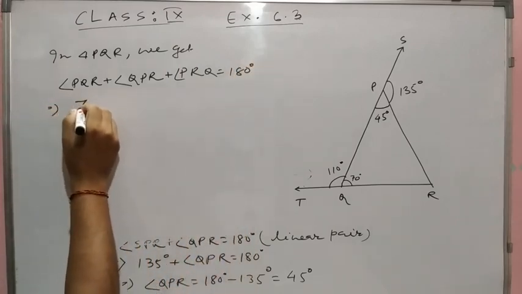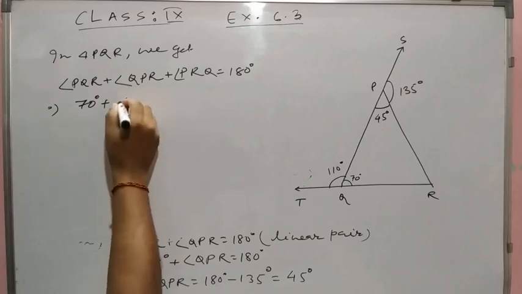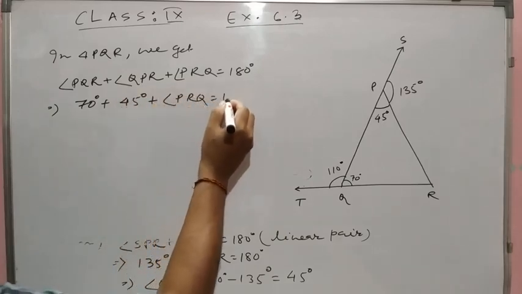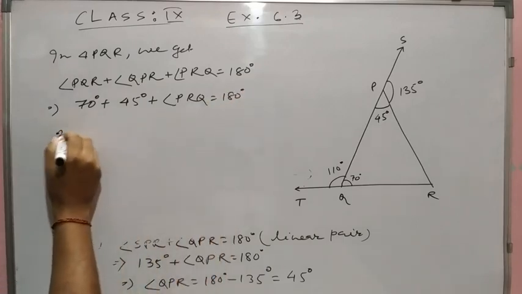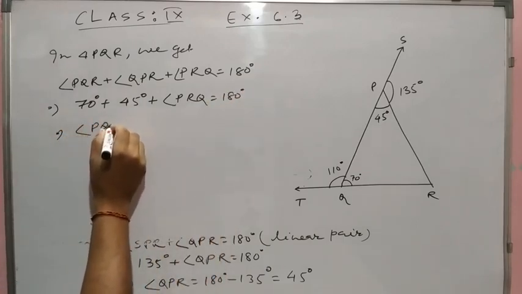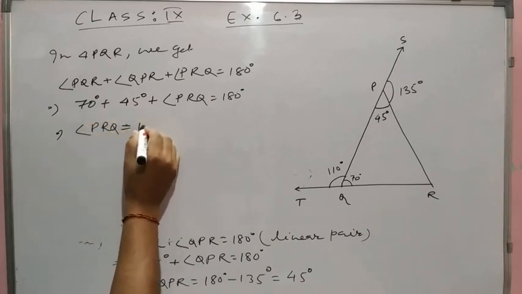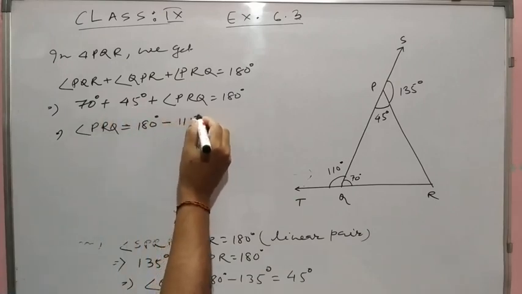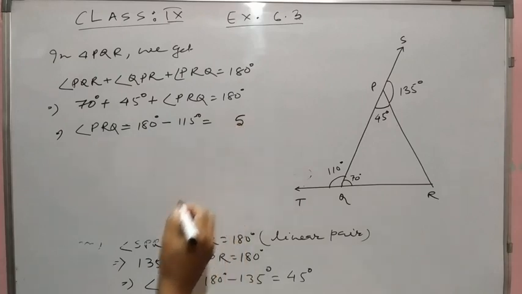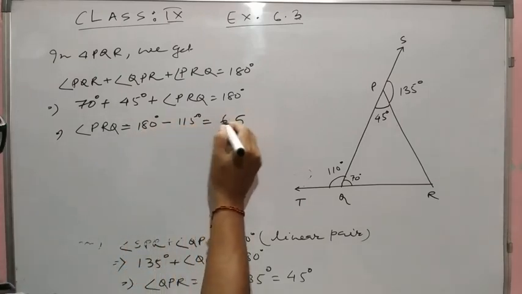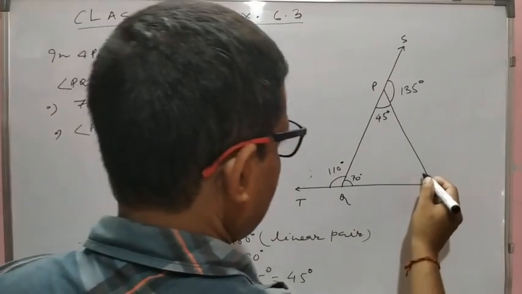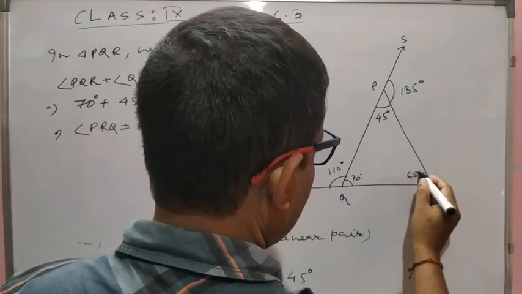So PQR is 70 degrees, QPR is 45 degrees, and PRQ equals 180 degrees minus these two, which is 115 degrees. So it will be 65 degrees. Definitely it will be 65 degrees. Thus the measure of this angle is 65 degrees.